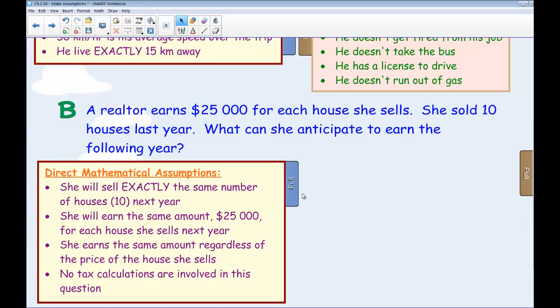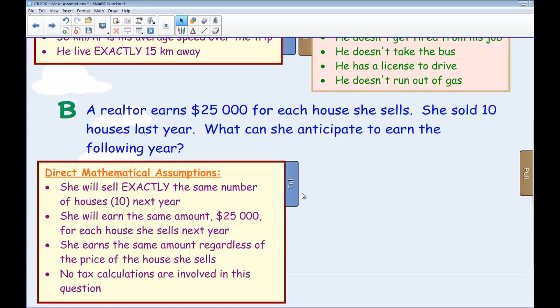That's 10 next year, no more, no less. Otherwise, that obviously is going to change our calculation. Also, that she's going to be making $25,000 for each house she sells, not more or less, because once again, that could potentially change the amount that she makes overall.